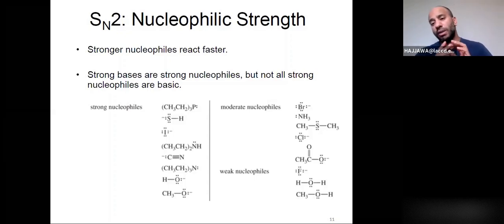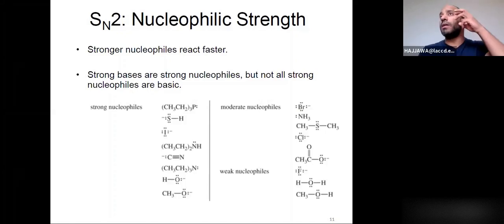So I hope it's very clear now to you that there are three major factors that we always have to consider when it comes to labeling a reaction as SN1 versus SN2. And I cannot just randomly pick one of those factors. It has to be in the order of alkyl halide, then nucleophile, then solvent.